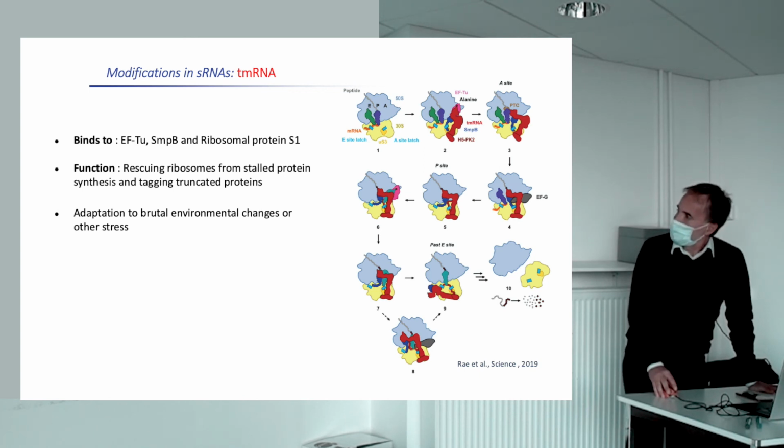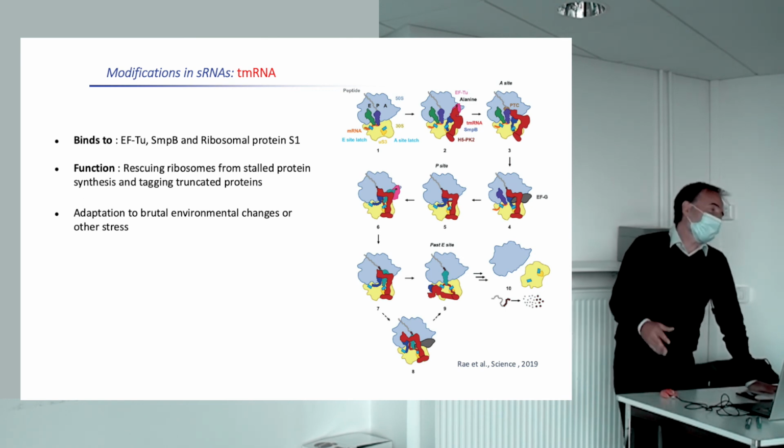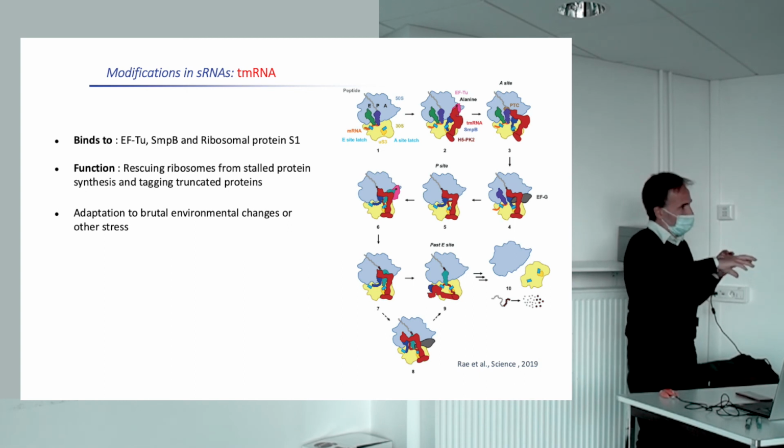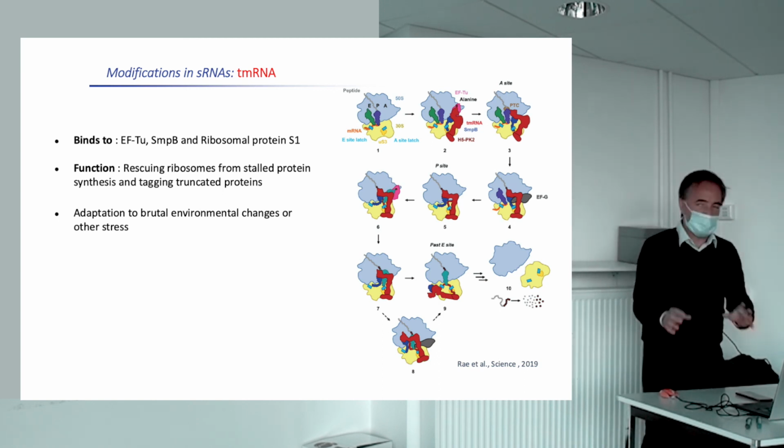But what is important is that the tmRNA has to be recognized by EF-Tu. So this is why the T loop has to be modified, because EF-Tu is also sensitive to the modification of the T loop to recognize tRNA and the tmRNA molecule.